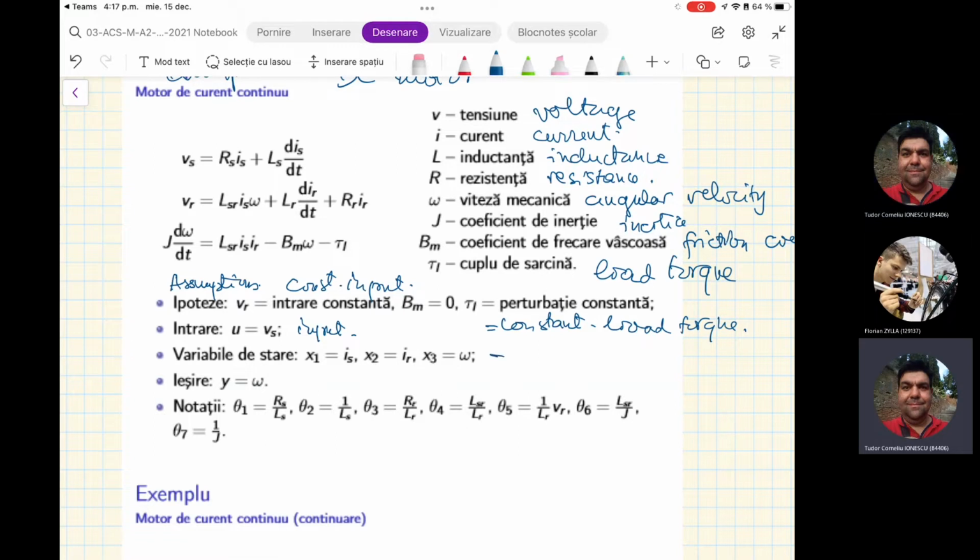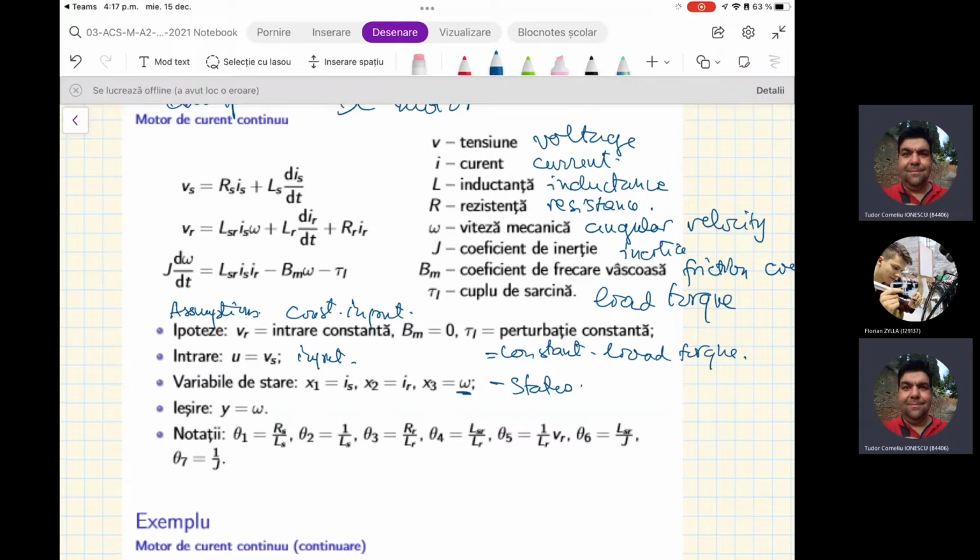State variables: the states are x1 is the current Is, x2 is the current through the resistor IR, and x3 is the angular speed. The output, so what do we need to measure when we talk about a DC motor? We need to measure the angular velocity.